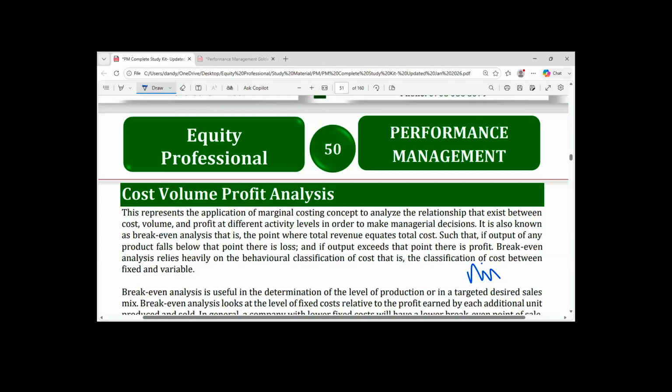Now, the break-even analysis or the CVP analysis relies heavily on the behavioral classification of cost, which states that a cost item must be capable of being classified as either variable cost or fixed cost. This is the introduction to CVP analysis.